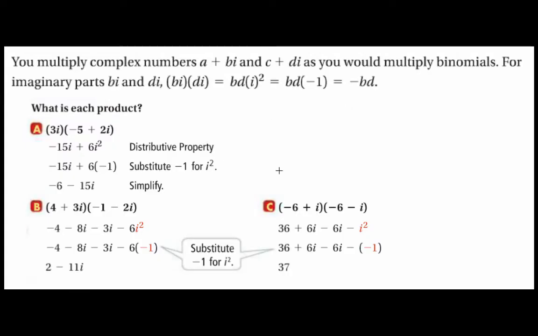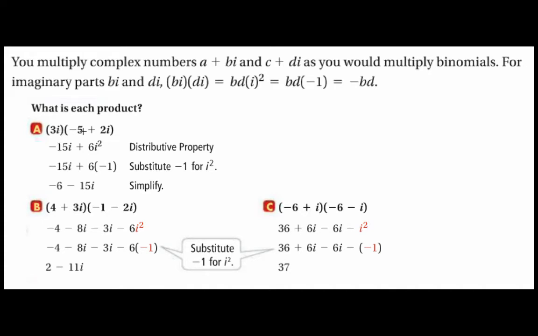So anytime you're doing a calculation involving complex numbers and you multiply and get i squared, we can use the equivalent of i squared, which is negative 1, for our simplification. In this example, we have the pure imaginary number 3i times the complex number negative 5 plus 2i. We use the distributive property.